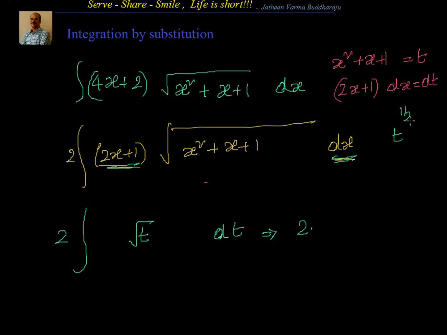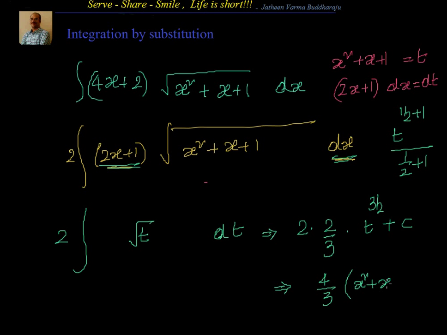It is t power 1 by 2 plus 1 by 1 by 2 plus 1. That means 2 into, 1 by 2 plus 1 is 3 by 2, 1 by 3 by 2 is 2 by 3, into t power 3 by 2 plus c, which is nothing but equal to 4 by 3 into t, and t is nothing but x square plus x plus 1, whole to the power of 3 by 2 plus c.